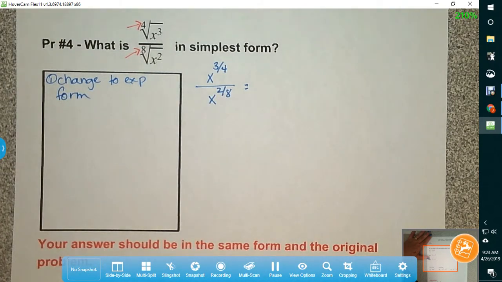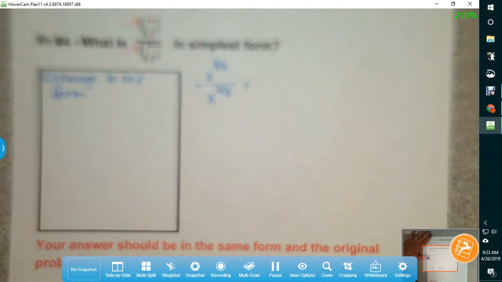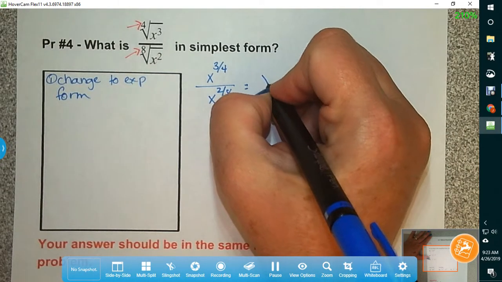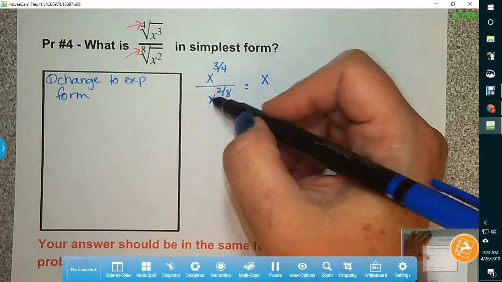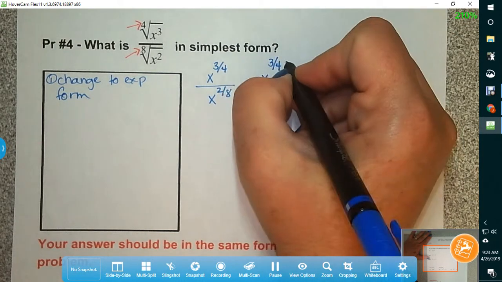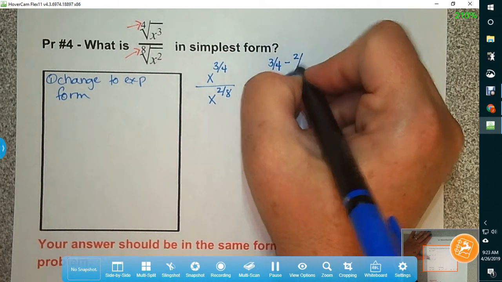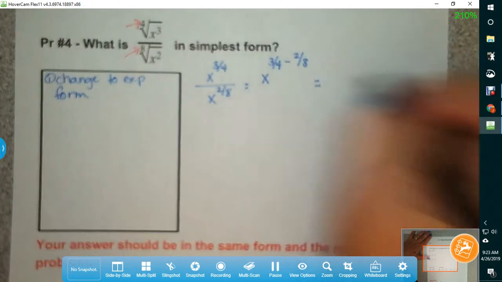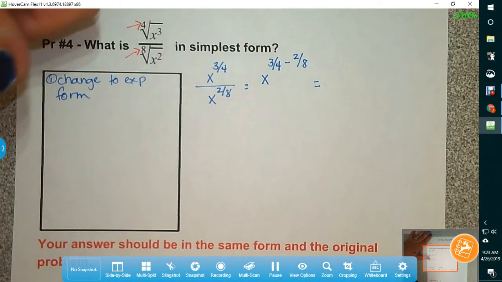So following your rules for exponents, when it's a division problem, it says keep your base, because I have the same base, I'm going to keep it, and then do the top exponent minus the bottom exponent. Well, to subtract fractions, you have to have common denominators.